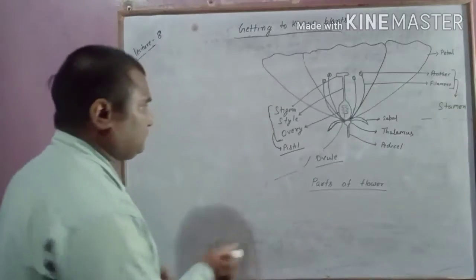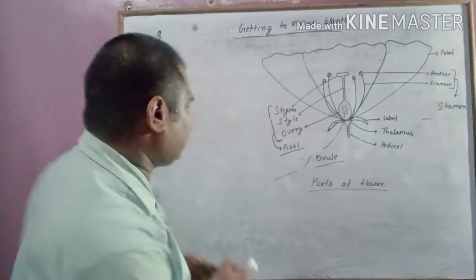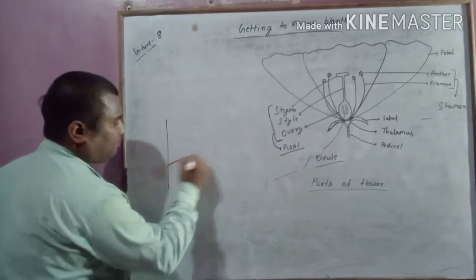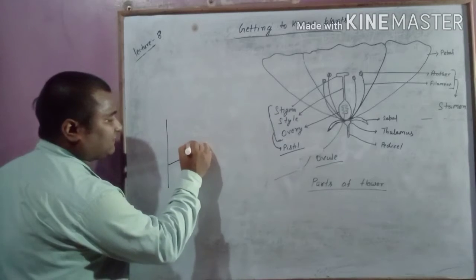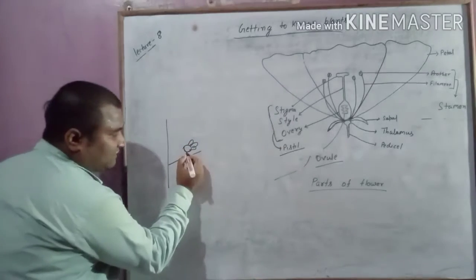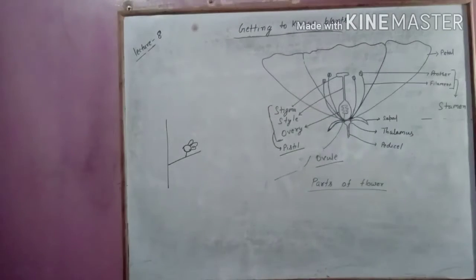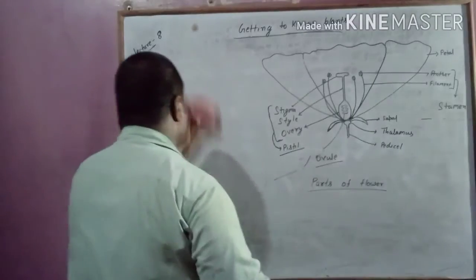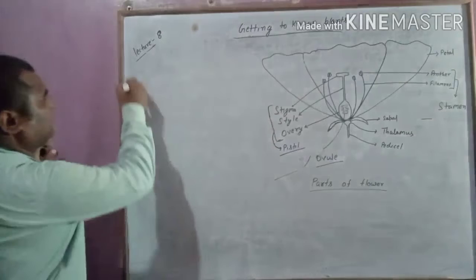So the stalk, for example, this is a branch and here the flower is present. This is the flower. The stalk through which it is connected to the plant is called pedicel.